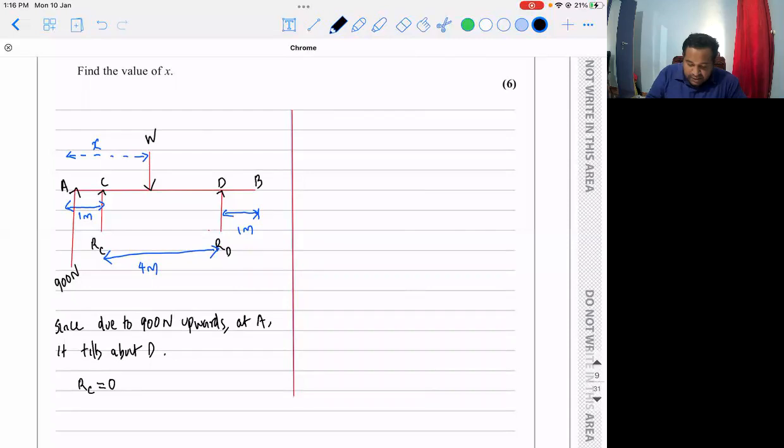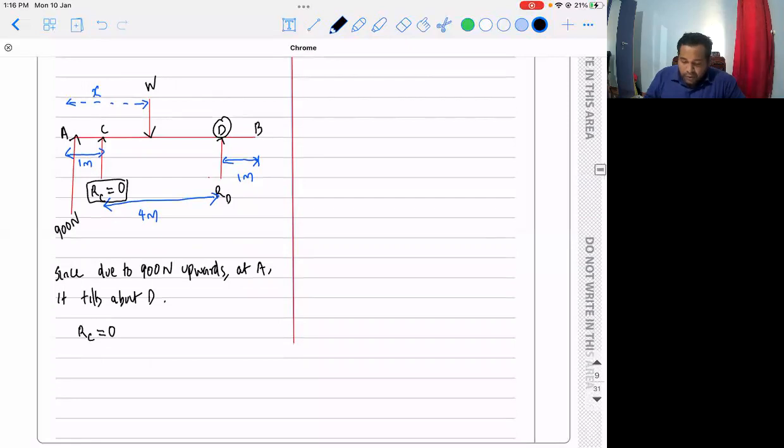If this is tilting about D, RC becomes 0. So this is very important. This we learned in force and moments in mechanics. If you are considering about a point D, if you are tilting, the other support reaction, you have to consider it as 0.